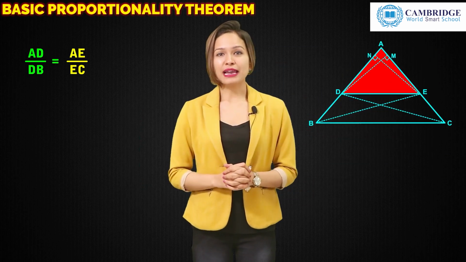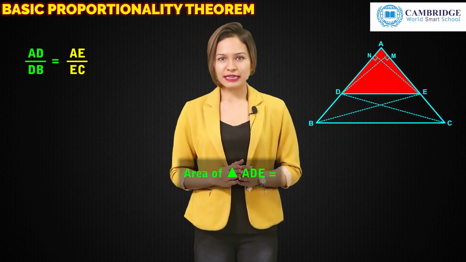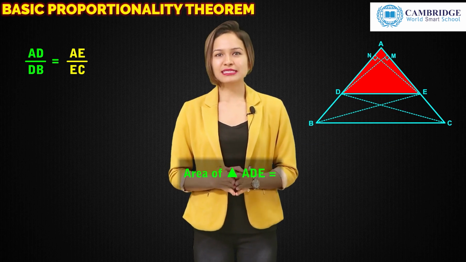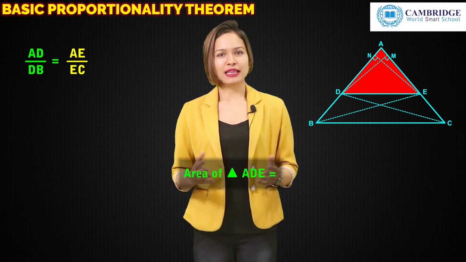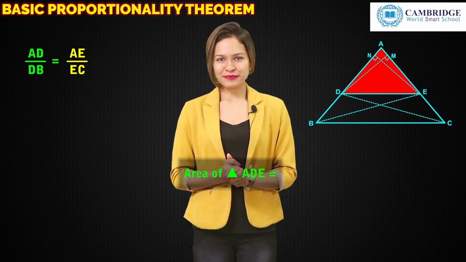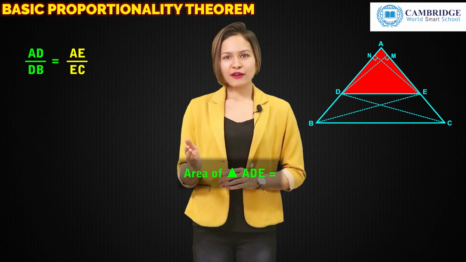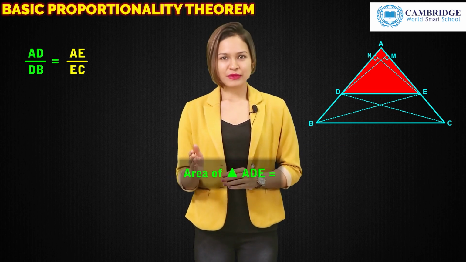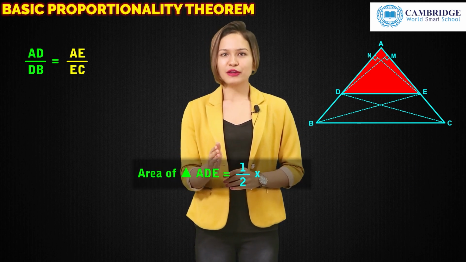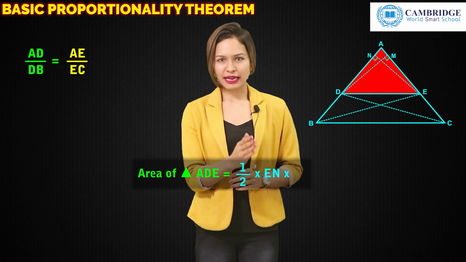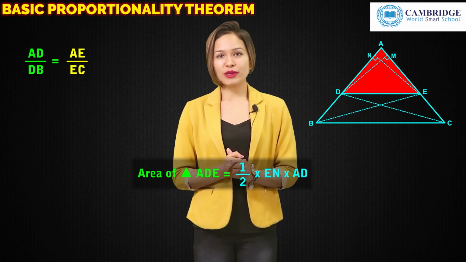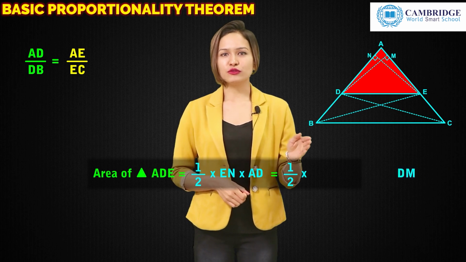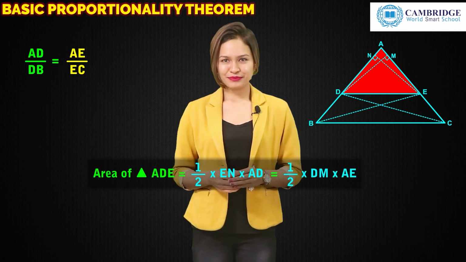So, we can calculate the area of triangle ADE in two ways, since there are two perpendiculars that we have already drawn. So, area of triangle ADE is equal to half into EN into AD, and it can also be written as half into DM into AE.